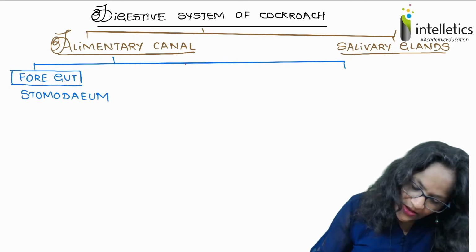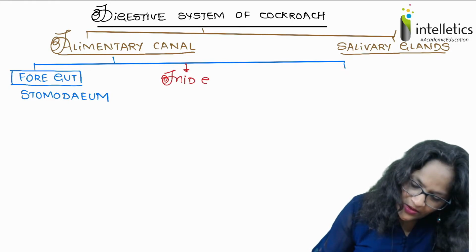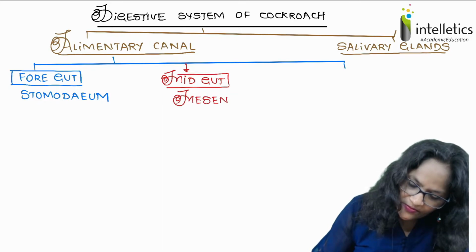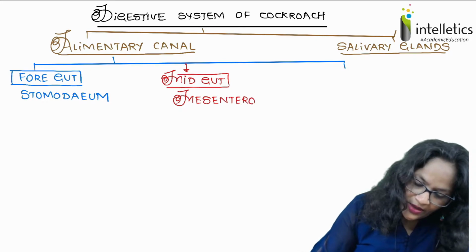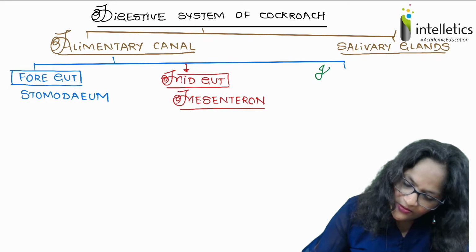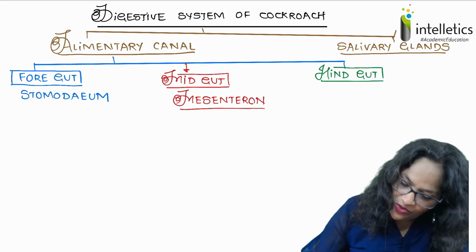The next part is the midgut, also called as the mesenteron. And the last part is the hindgut, also called as the proctodium.